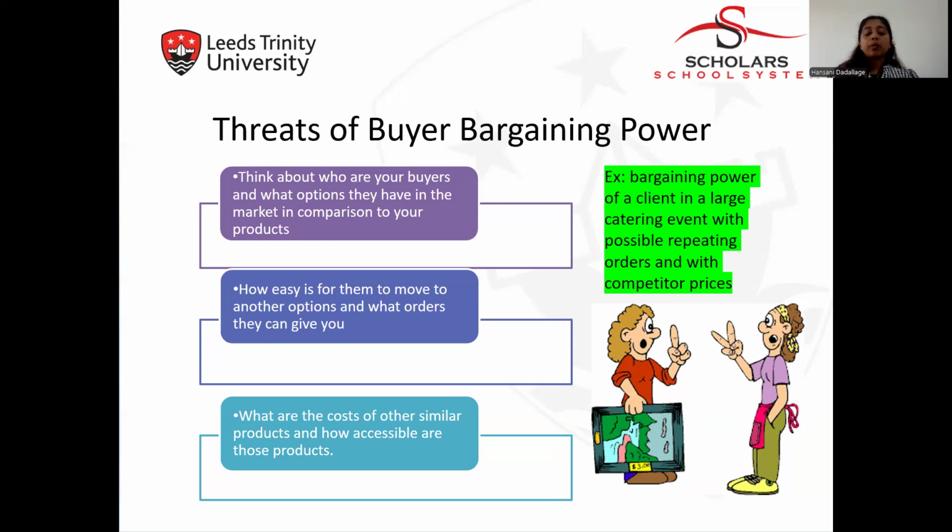If there are so many options available in the market for buyers to switch between, in that case, buyers' bargaining power will be very high because they can easily switch from your business to another business. Because of that, you have to analyze the threat of buyer bargaining power as well.